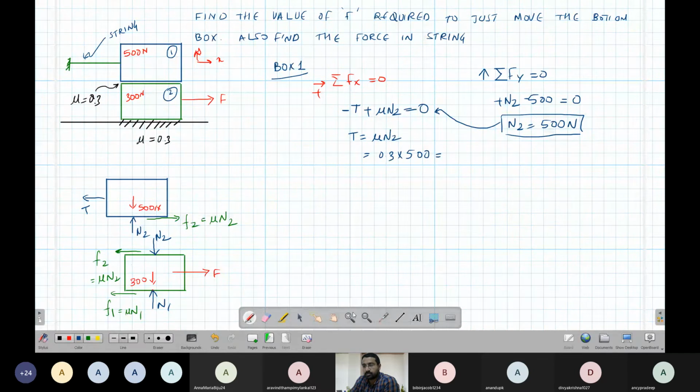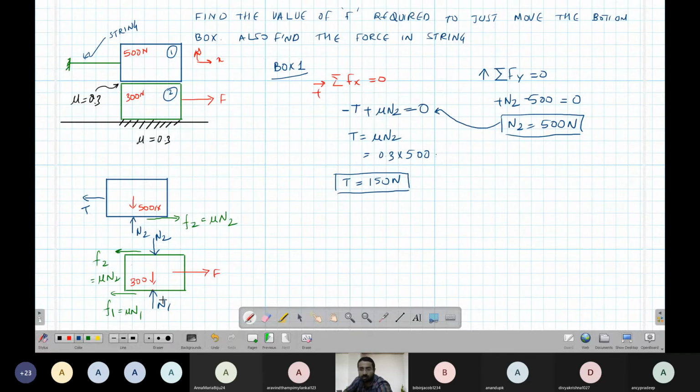So T equals 0.3 times 500, 150. Sorry, 150. That is the force the string is putting on the body.